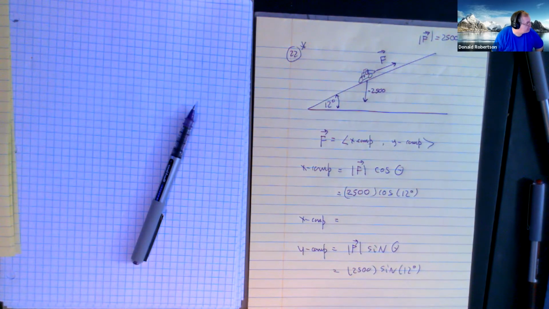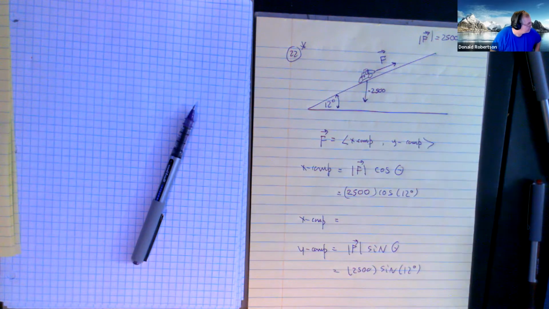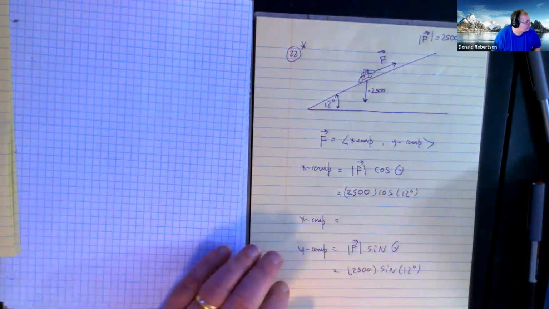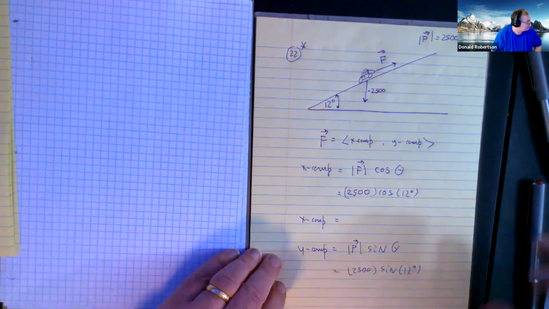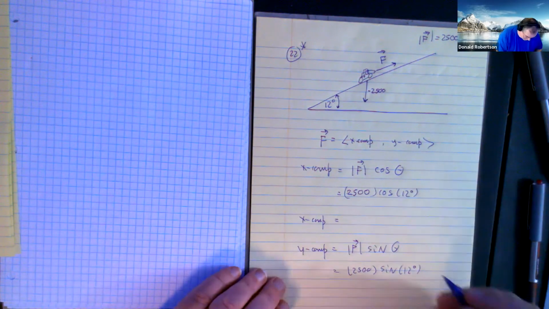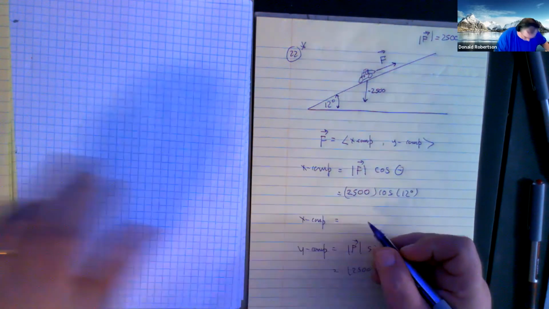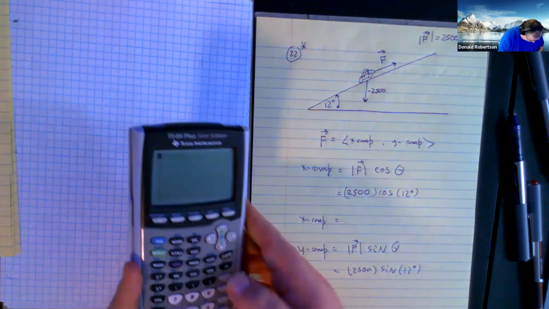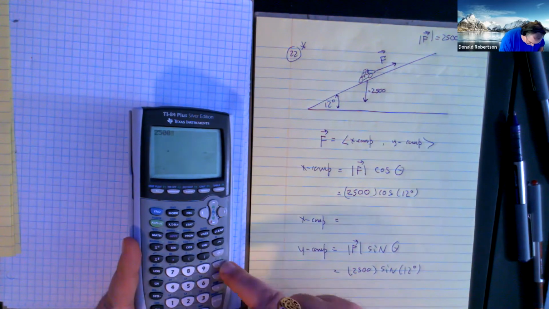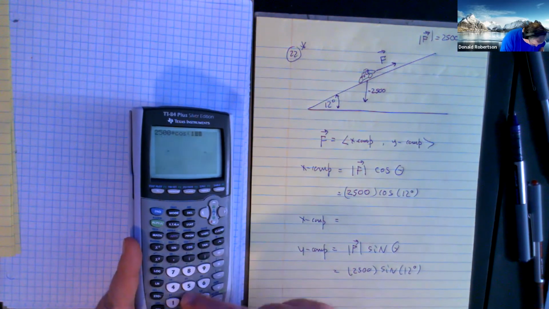Let me get the numbers set up here. I know what this fella here is, let's find out. 2,500 times the cosine of 12 degrees.